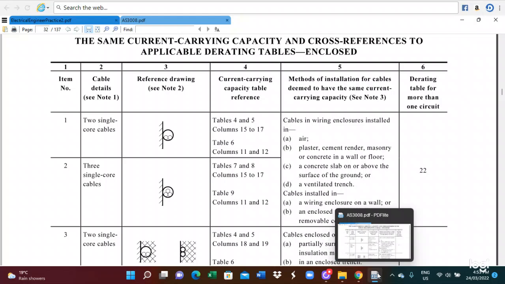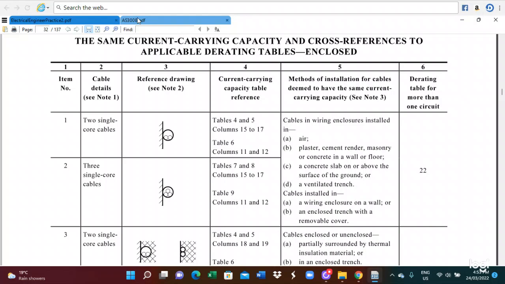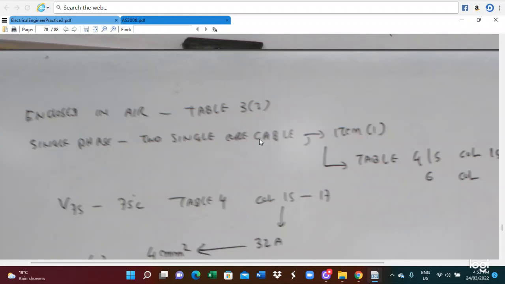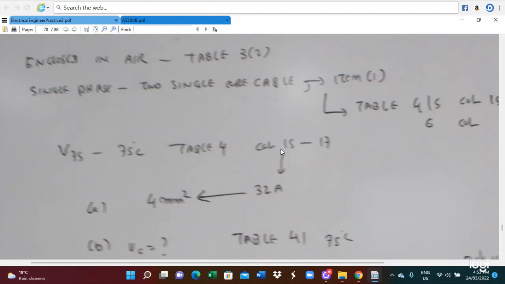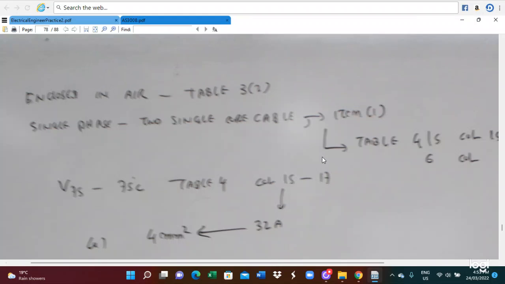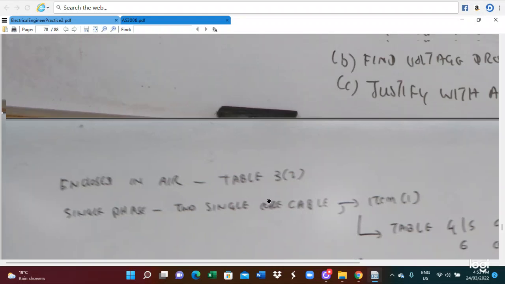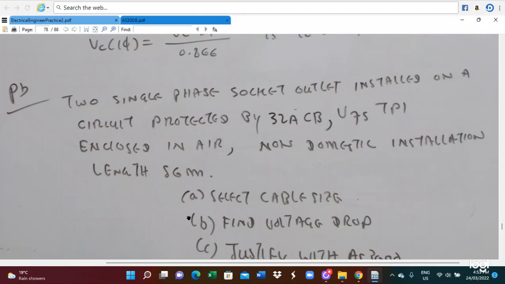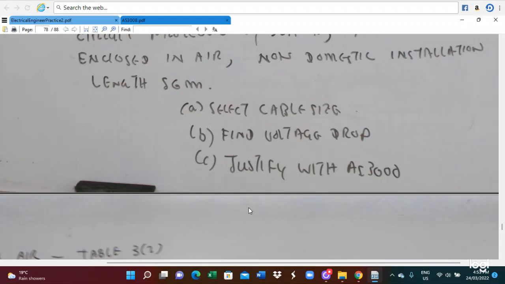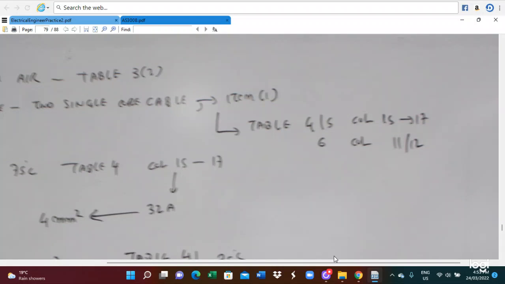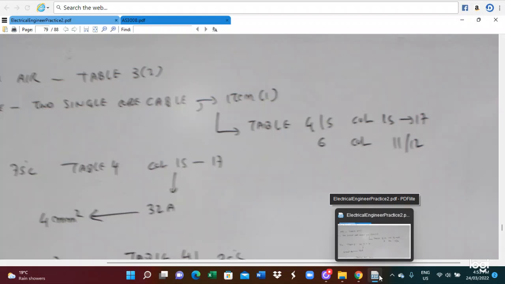So you can see that this is a problem here. Table 4 for the V75, columns 15 to 17. In this case, the current is a 32 ampere circuit breaker. So this is the table. Table 4 is for the 75 rating, columns 15 to 17.